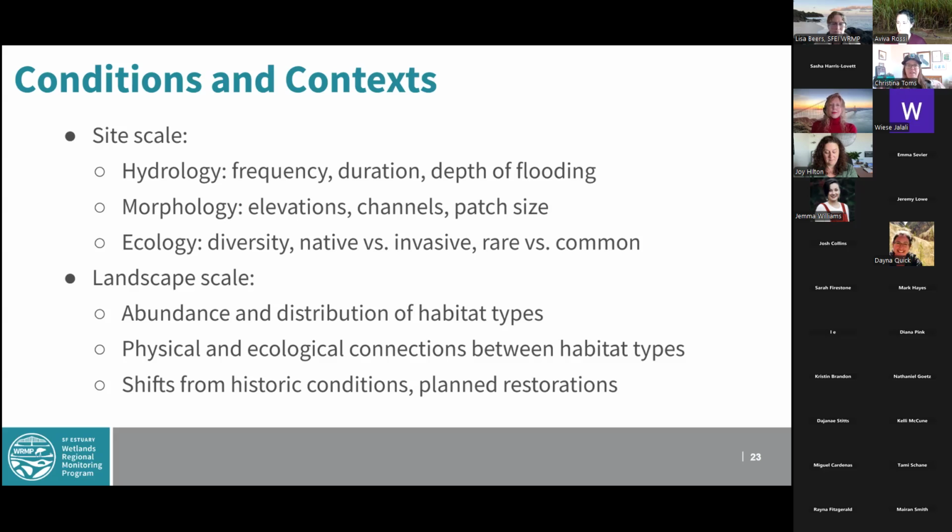So all of these site scale and landscape scale features really govern that assessment of the functions and values of wetlands that are being impacted, and also wetlands that you might want to consider for compensatory mitigation. And these are all conditions and contexts, or perhaps not all of them, but many of them, addressed in these landscape profile tools that we're discussing today. Next slide, please.